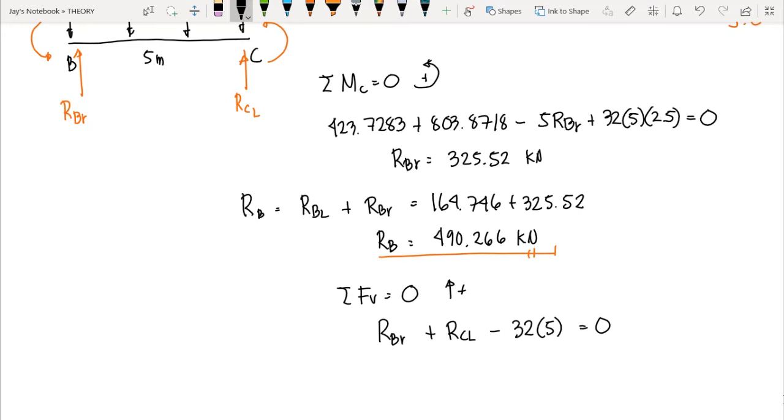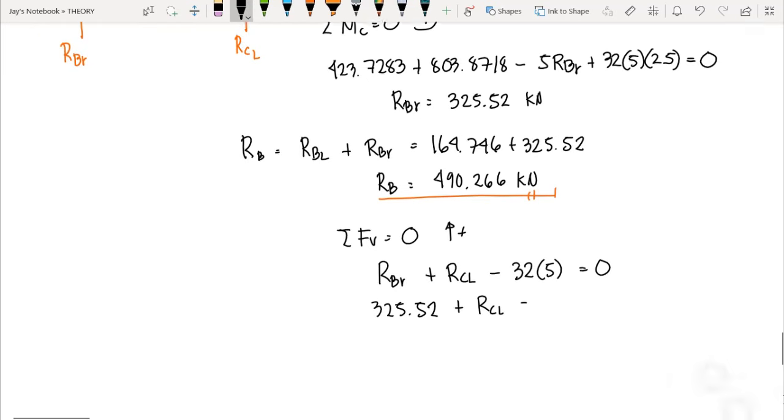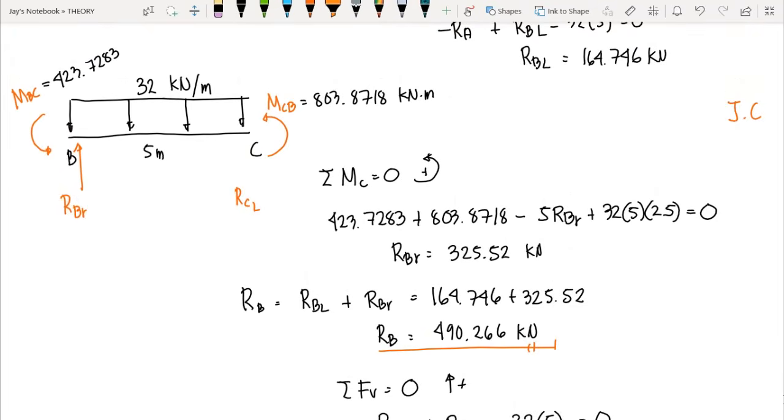So we have RBR here, which is 325.52, plus RCL minus 32 times 5 is equal to 0. Then RCL is equal to negative 165.52. So therefore, our RCL is supposedly acting downward.